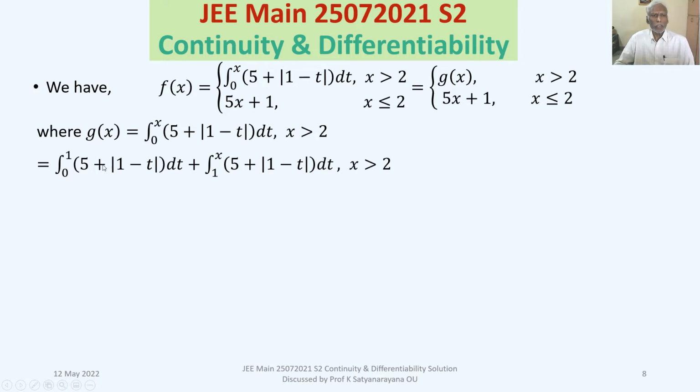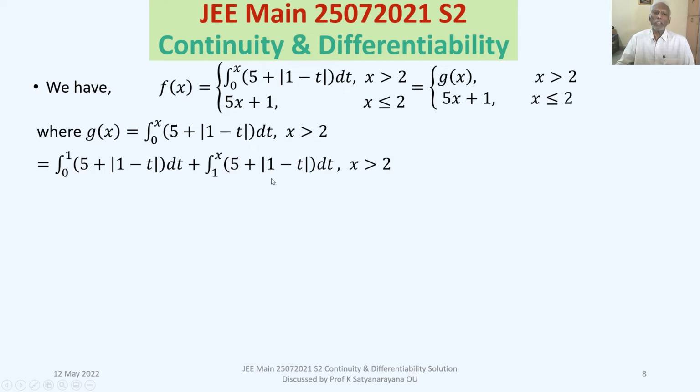Now, in the first integral, t varies from 0 to 1, and thereby 1 minus t will be positive. Therefore, mod of 1 minus t will be 1 minus t only.